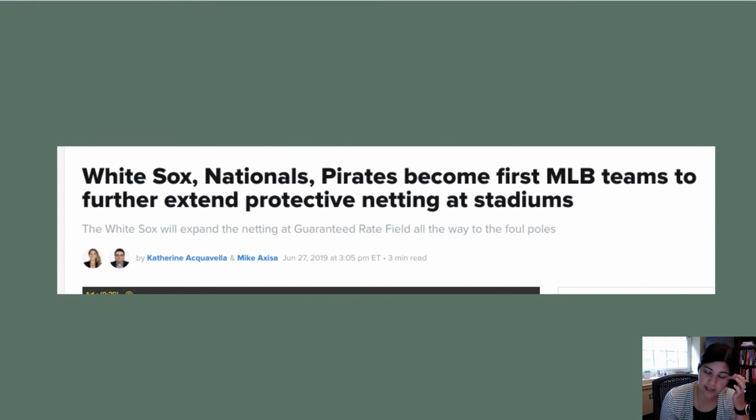I mentioned earlier that Major League Baseball has taken some steps to mitigate risk that they've identified, in terms of adding protective netting. So this is a great example of that whole risk management process playing out, right? Not only have these teams identified that this is a growing risk, and it's a pretty severe and frequent risk now that a lot of fans are being injured by flying bats and balls.